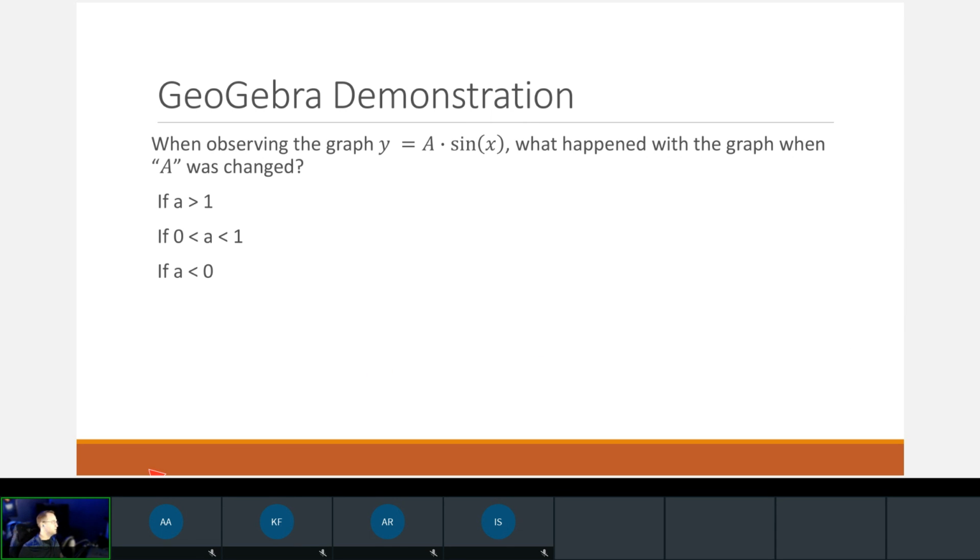I want all of you to change it. Yeah, it just flips over the x-axis. That's all. Flips upside down. Yep. So if the absolute value of A is greater than 1, it expands it, and if it's between 0 and 1, then it compresses it. That's it.